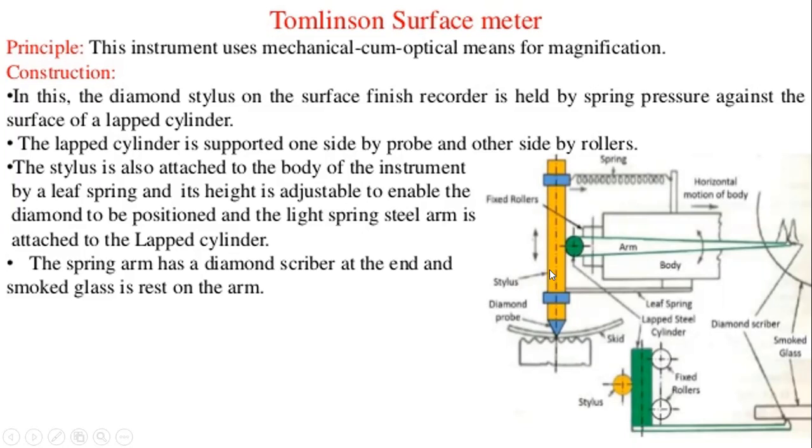This Tomlinson surface meter has a stylus. This is the stylus, which is in the form of a long pencil, and it has a diamond probe at its lower end.